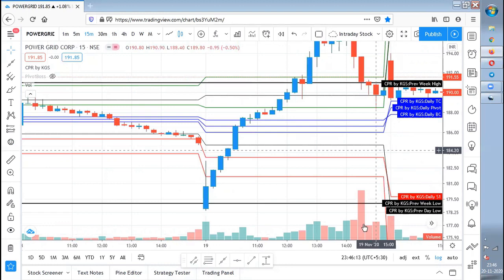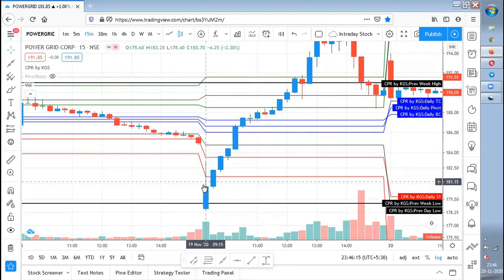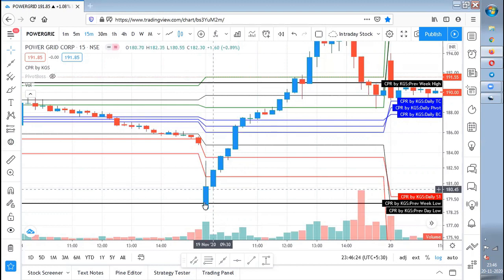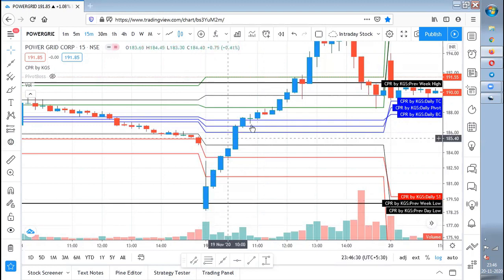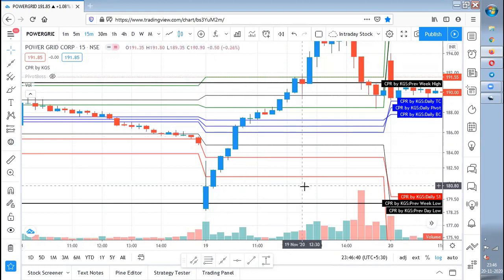The gap down open also confirmed that the moderate bearishness is accepted. So if the candle moves further down, you can go for a selling opportunity, or if it shows resistance or rejection at the CPR zone, you can go for a selling opportunity. Any pullback towards CPR is a selling opportunity.